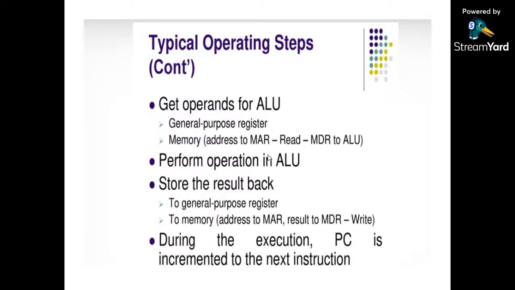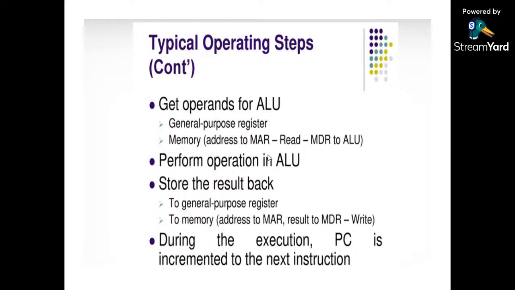and then we perform the operation. Then, storing the result back, I have already told you that the result can be stored either in the general purpose registers or in the memory. Whatever address is specified in the instruction, we will store the result there. If it is a general purpose register, the result will be stored in the register. If it is a memory address, we will go to that memory address and store the result.